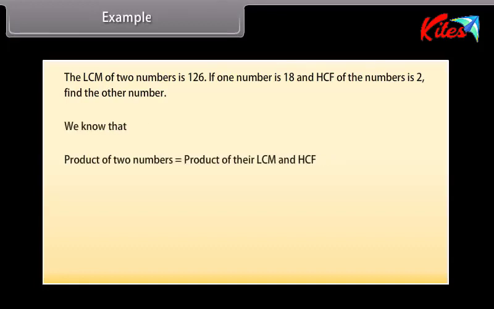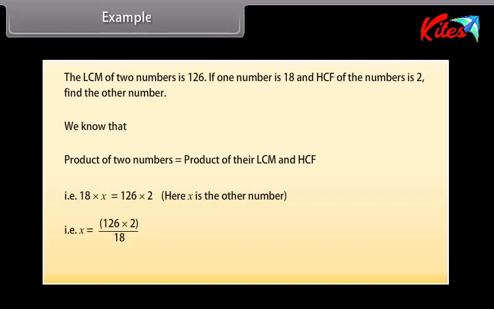We know that the product of two numbers is equal to the product of the LCM and HCF. That is, 18 × x is equal to 126 × 2. Here, x is the other number. That is, x is equal to 126 × 2 upon 18. That is, x is equal to 14.